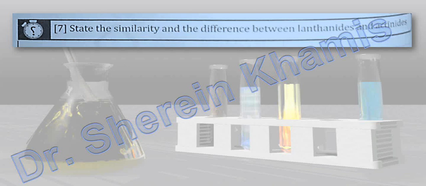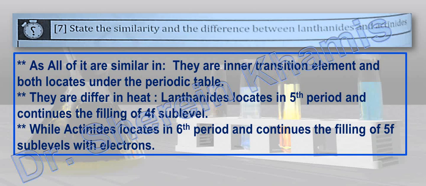We are talking about each of them. We start with how they are similar: they are inner transition elements and both are located under the periodic table. So they are of the type of inner transition elements and they come from the periodic table. This is the first one.